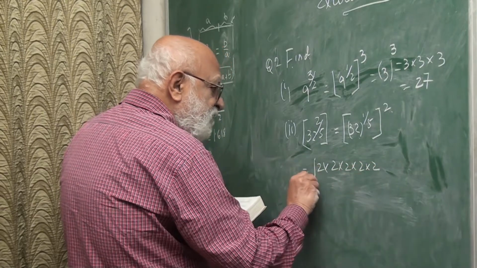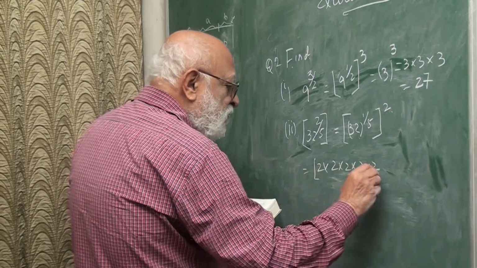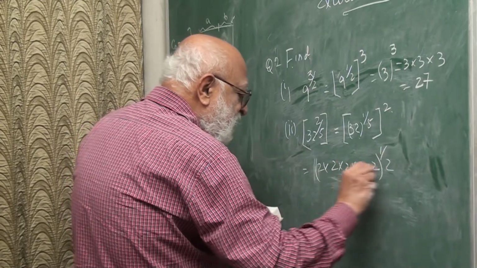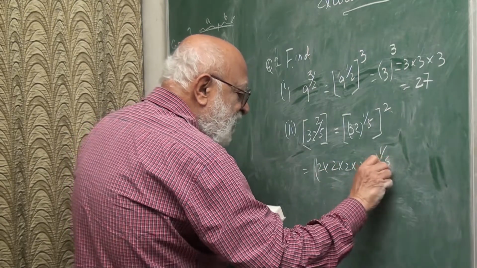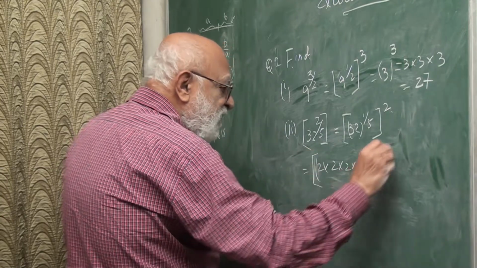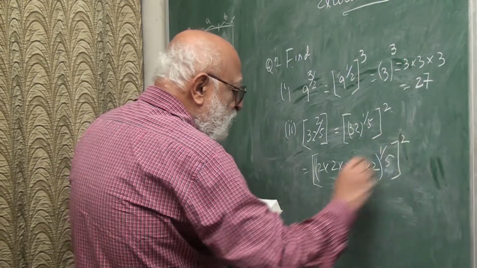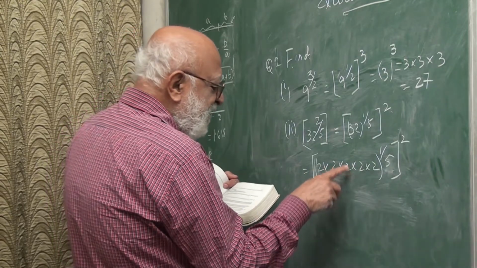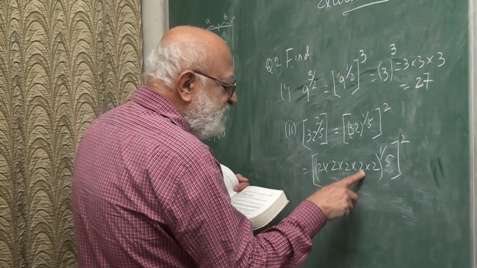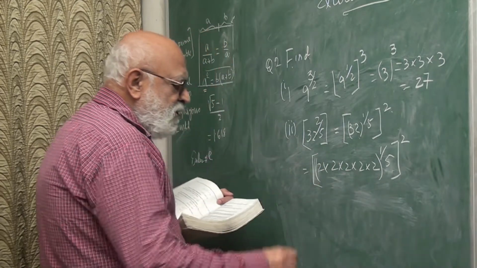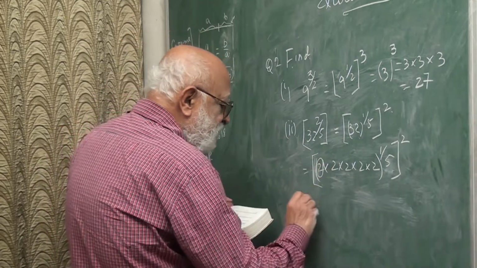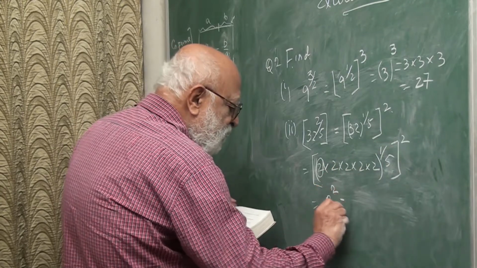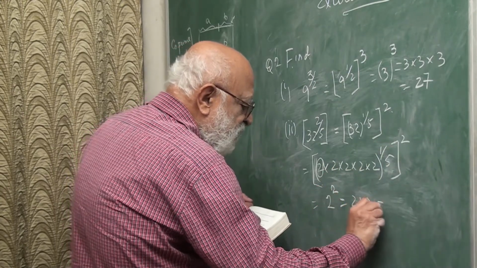So 2 into 2 is 4, 4 into 2 is 8, 8 into 2 is 16, 16 into 2 is 32. So take one of them, so this should be 2, and 2 squared, so 2 into 2 would be equal to 4.